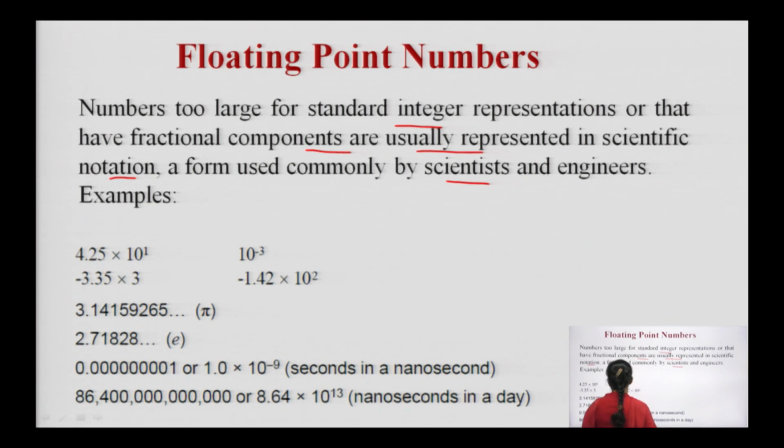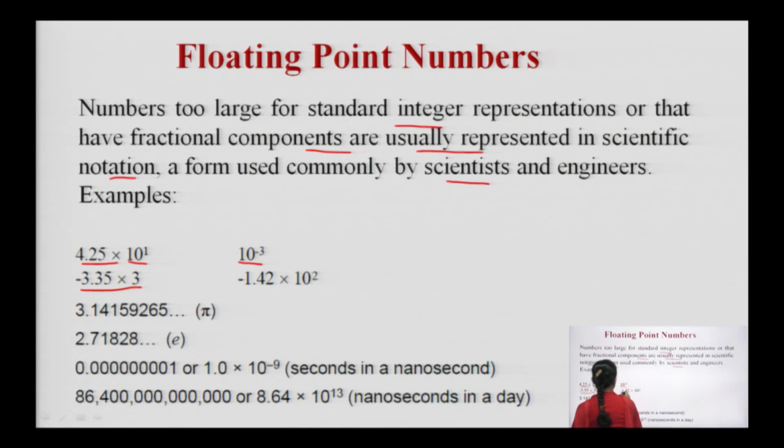For example, 4.25 times 10 to the power 1 is a representation of a floating point number. Next example, 3.35 times 10 to the power minus 3. Unless there is a written negative sign, we consider the numbers as positive.